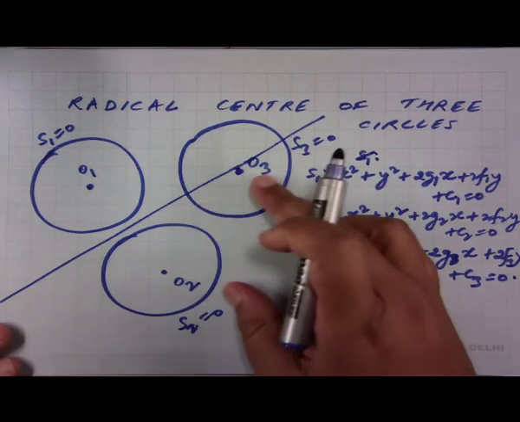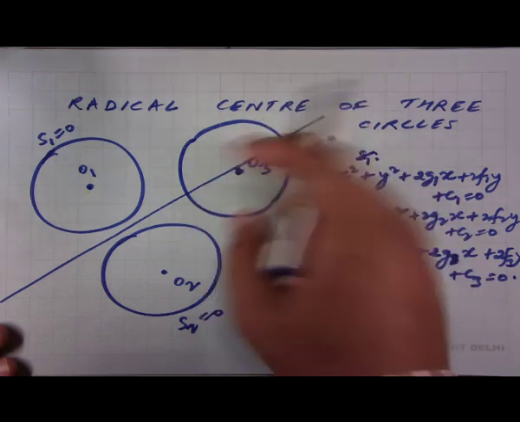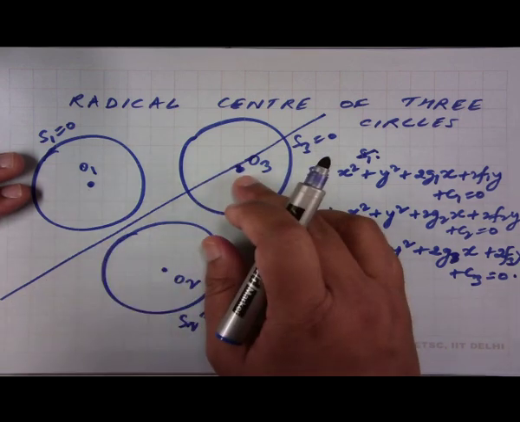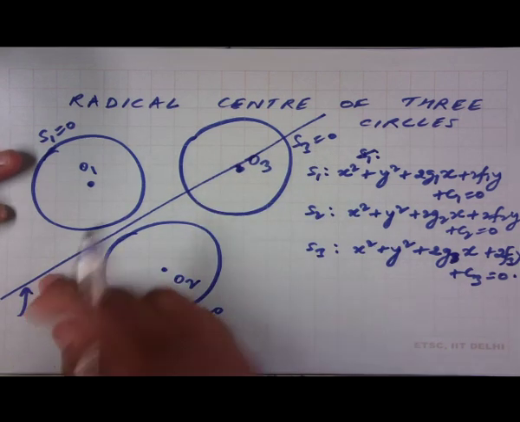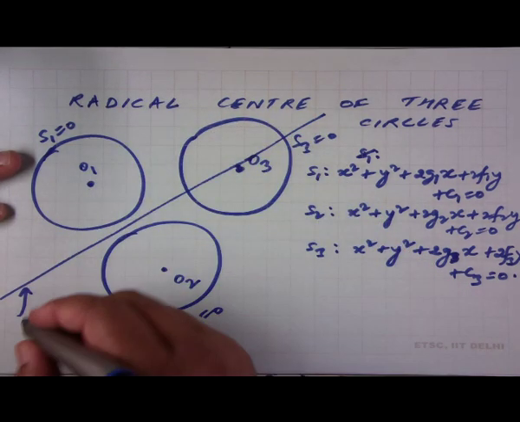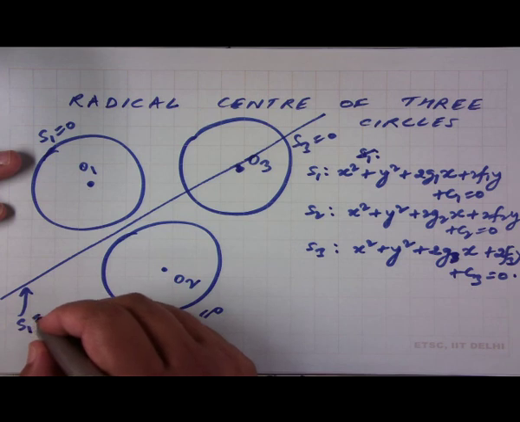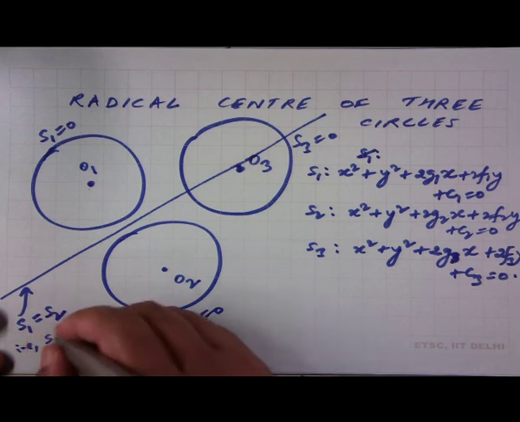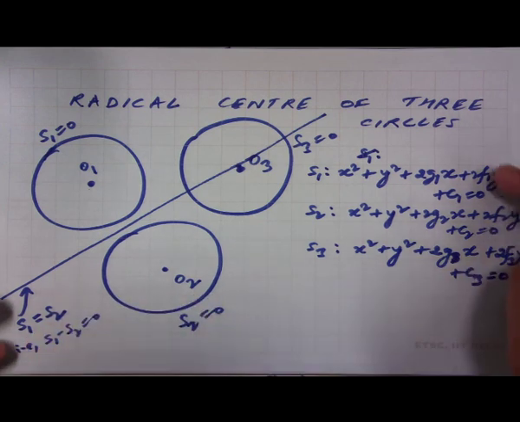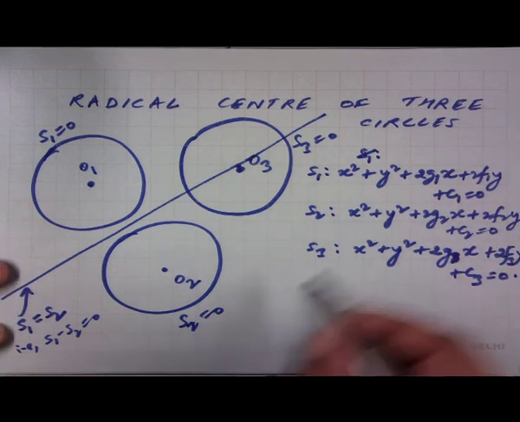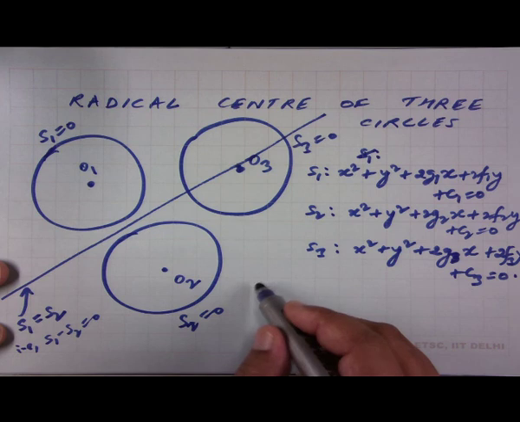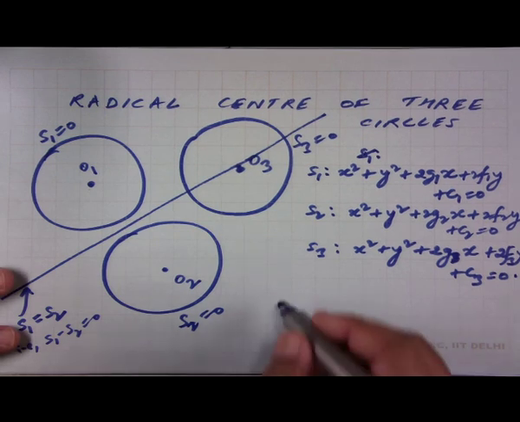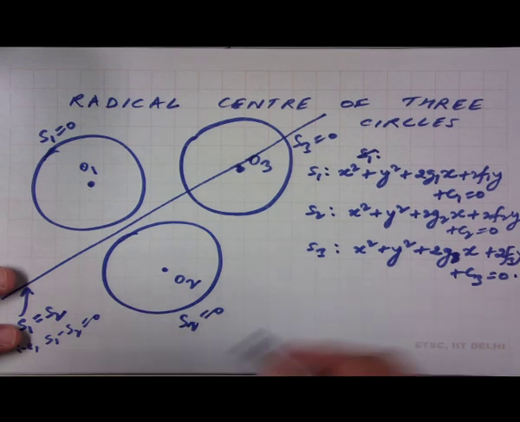This straight line need not pass through the center of the third circle. This is just an example. So, it need not pass through the center of the third circle. This is the radical axis between the first and the second circle, whose equation is basically S1 equal to S2, or S1 minus S2 equal to 0. This equation is simply what we have seen in the previous slide.